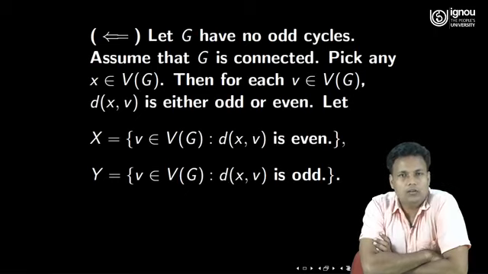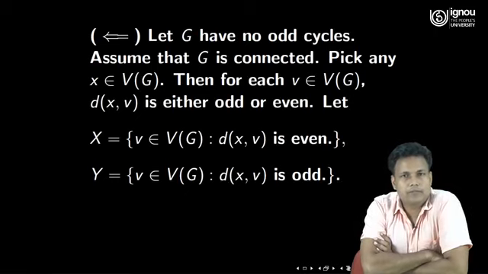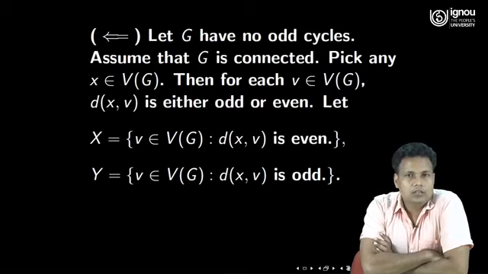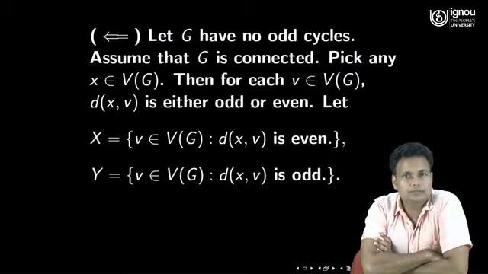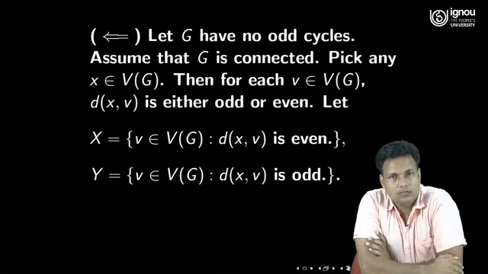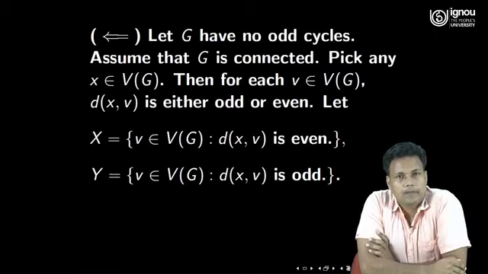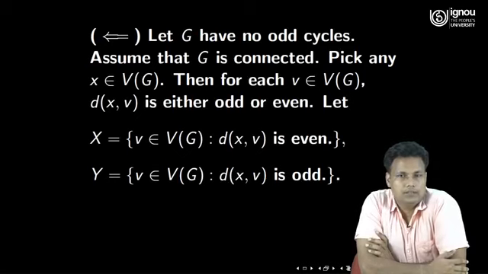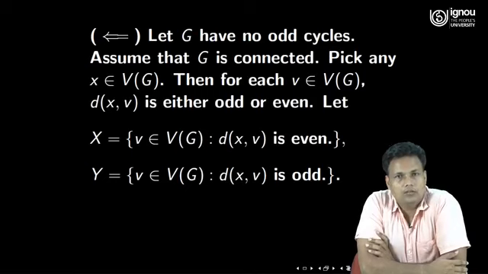And this oddness or evenness of the distance gives us the required partite sets of G. We define two sets X and Y in such a way that X contains all those vertices of G which are at an even distance from x, and Y contains all those vertices of G which are at an odd distance from x.